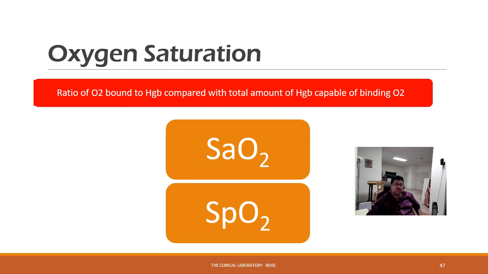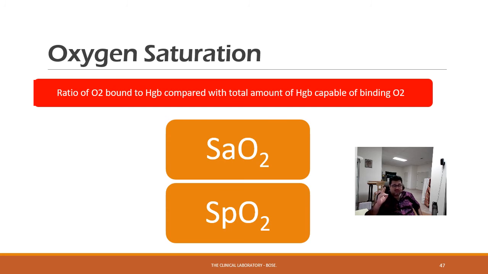As you will learn in hematologic, cardiovascular, and pulmonary physiology, SaO2 and SpO2 basically talk of the ratio of oxygen bound to hemoglobin compared with the total amount of hemoglobin capable of binding to oxygen. And when you look at SaO2 and SpO2, what is the difference? They are exactly the same. It gives us the same results.